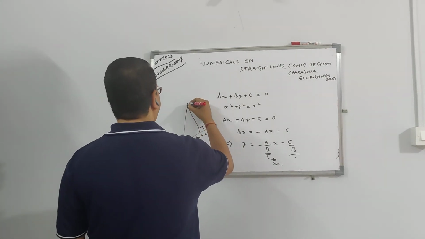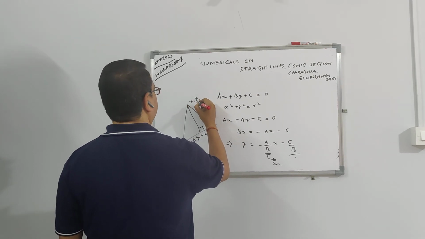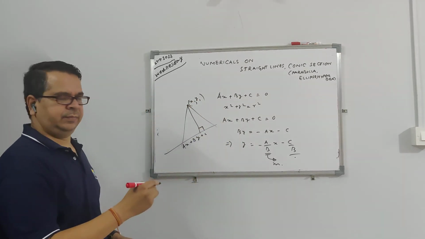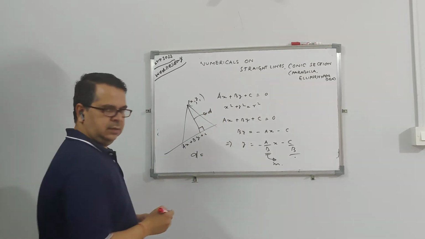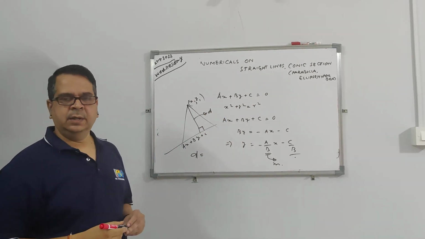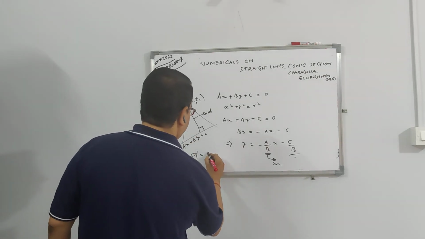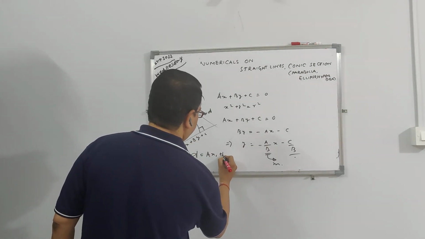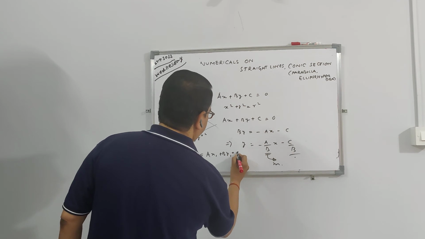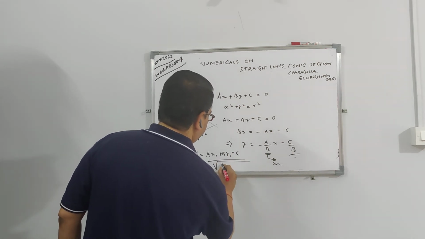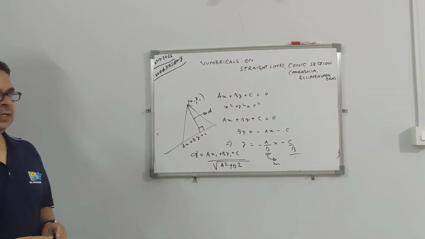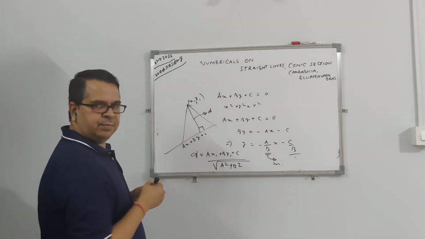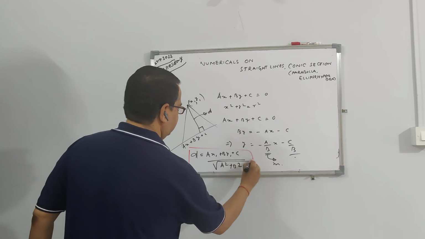Let us say the coordinate of this point is x1 y1, and this distance is d. There is a formula for it: replace x by x1, y by y1, so d is equal to (a x1 plus b y1 plus c) divided by square root of a square plus b square.